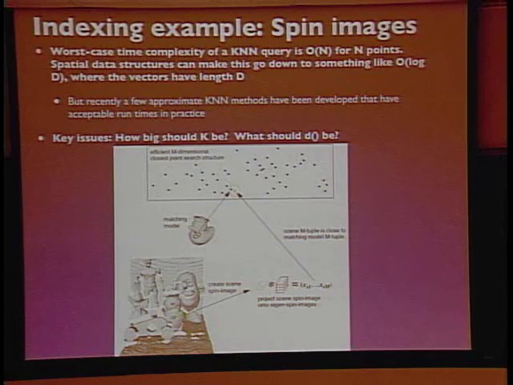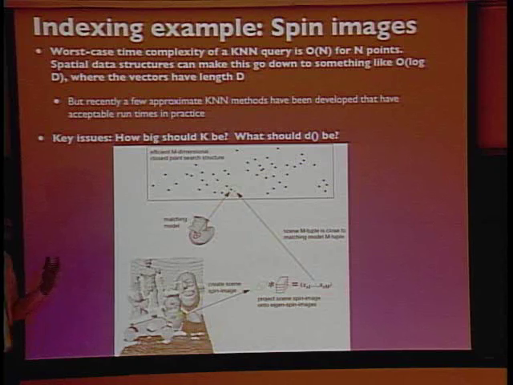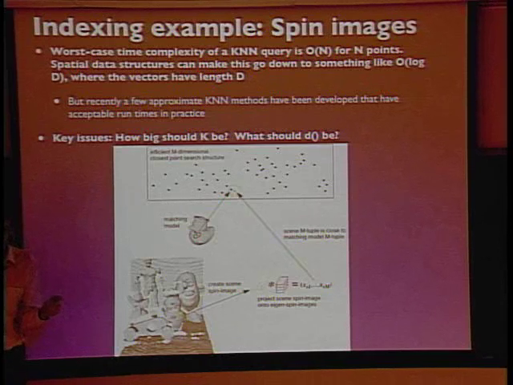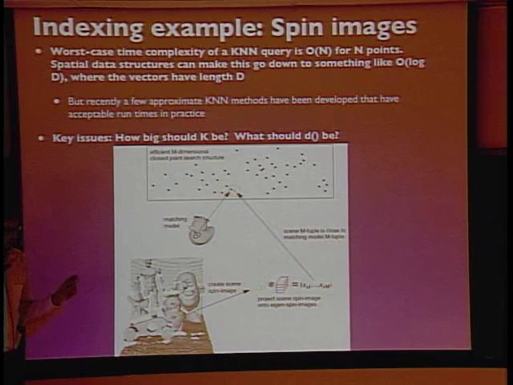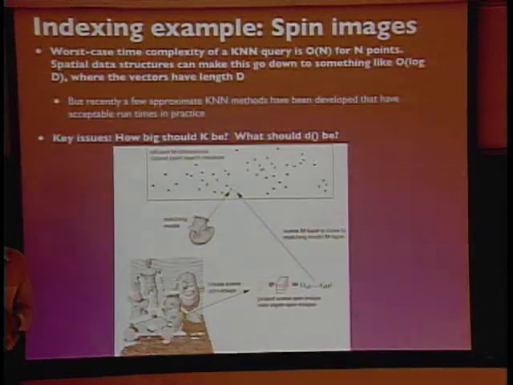So it might be that if you have a set of object models in your library and a scene, and you explore what parts of your scene seem to be similar to what parts of your object models, you might find that there are parts that are totally dissimilar to each other that appear similar because you're using the L2 norm. And you might say, well, wait a minute, this is not what I want.